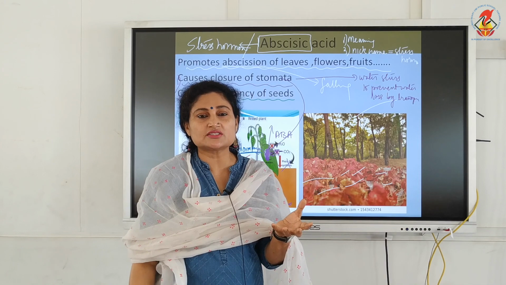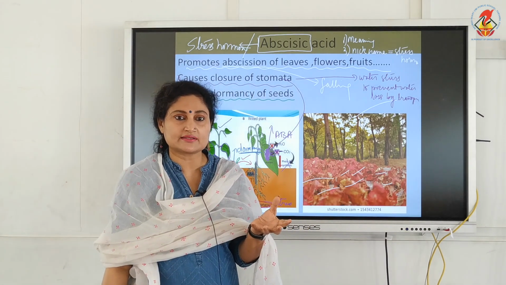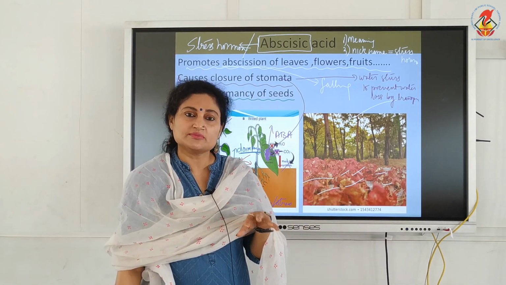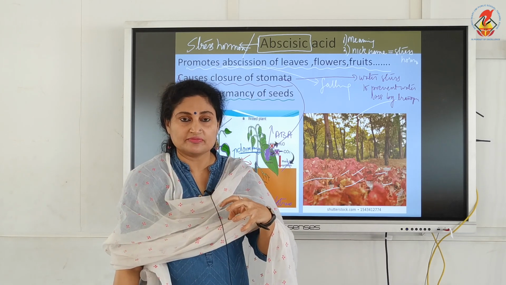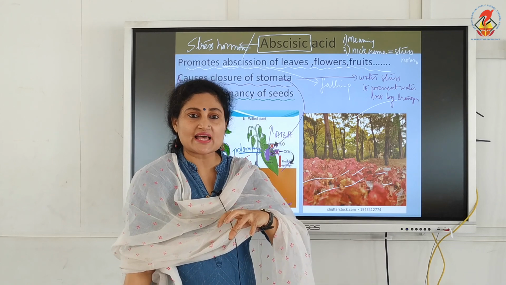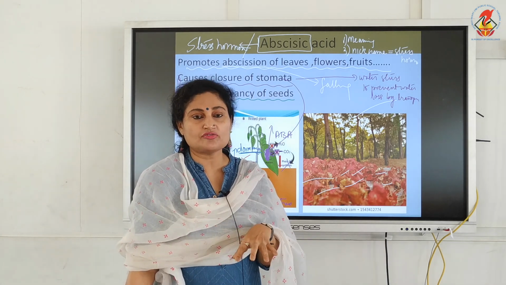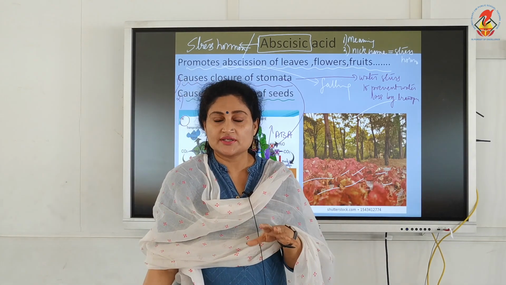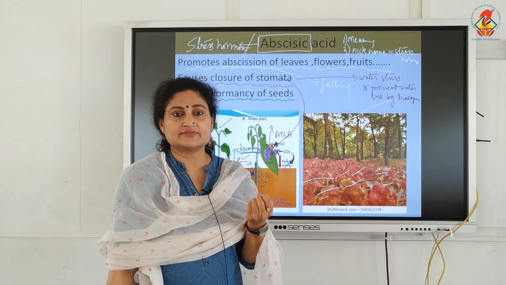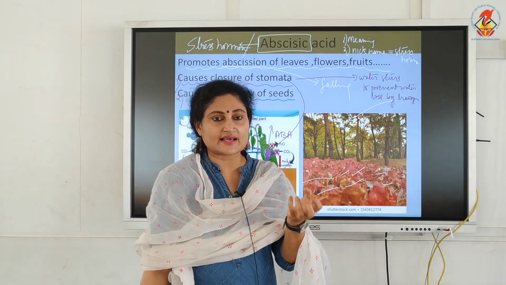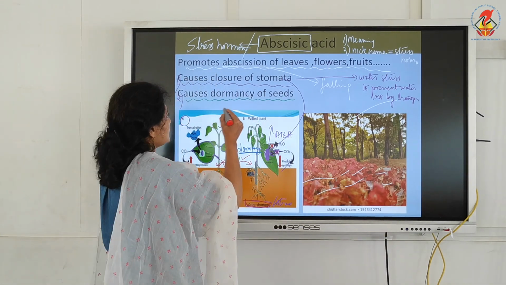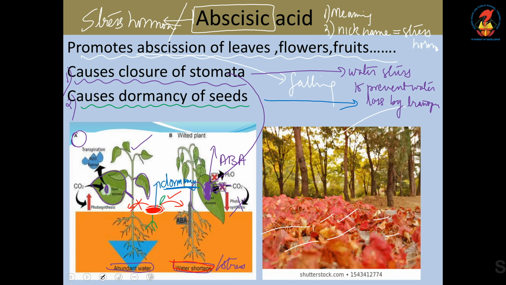If at all it germinates into an unhealthy plant, it will not survive. So what happens? It becomes dormant. Actually it is alive but inactive. It becomes active or viable on return of the favorable season. When the water is plenty, then it will germinate into a healthy seedling rather than doing it early. So that is a strategy to again tide over stress, again the water stress. So it causes seed dormancy under water stress.